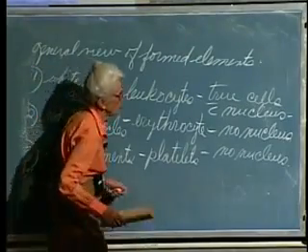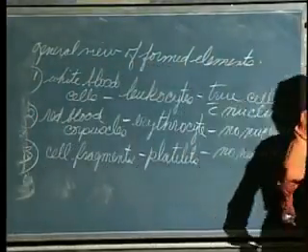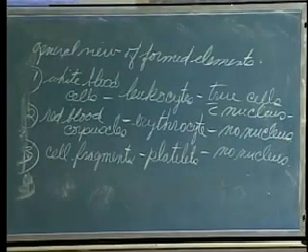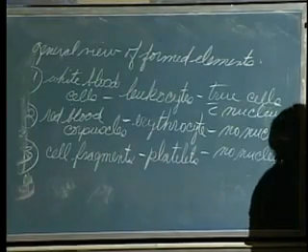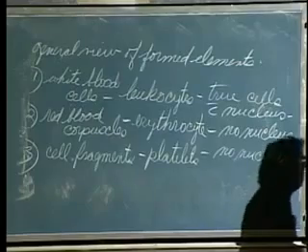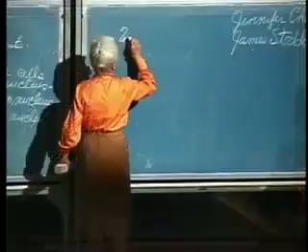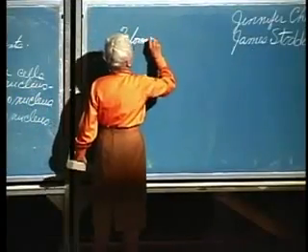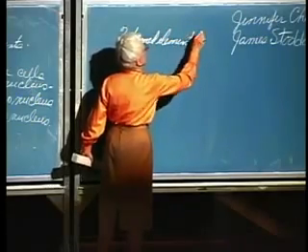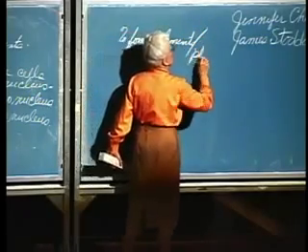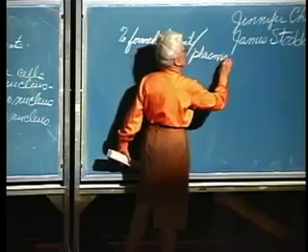So now it's possible to find out the proportion of formed elements to plasma. What do you think they are? Percentage formed elements to plasma in blood.